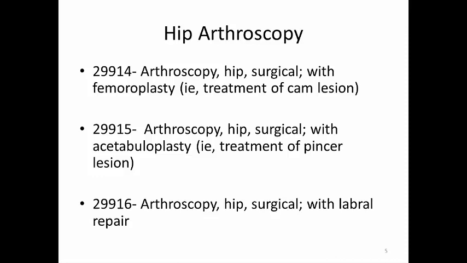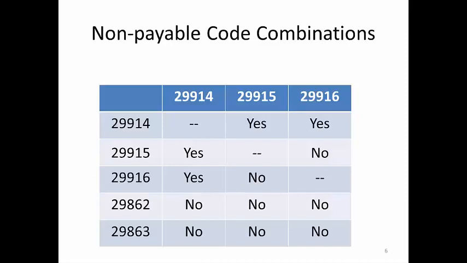So what I did on slide number 6 is I created a table for you, and I recently worked on this a little bit more with the code combinations as to what you can bill with what. So, for example, you can report 29914 with 29915 and 29916, but you can't report 29915 and 29916 together.